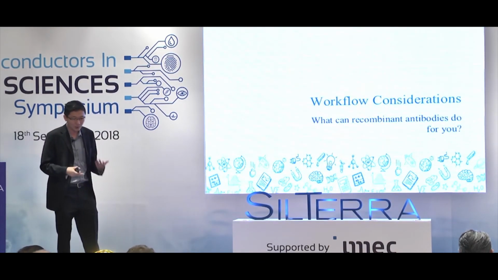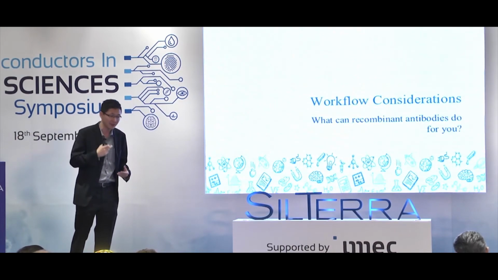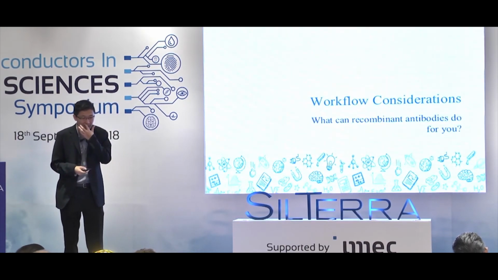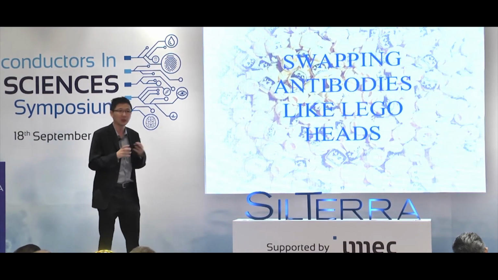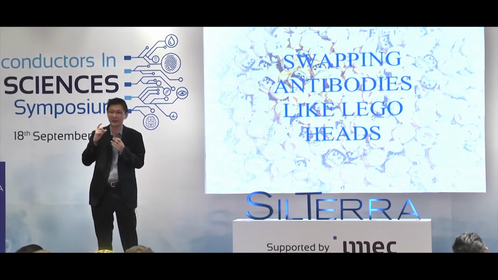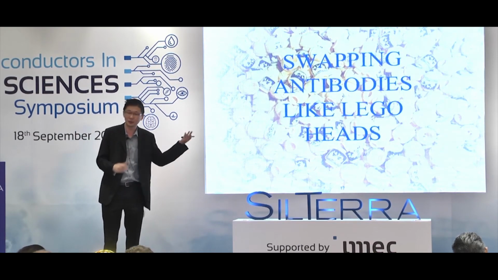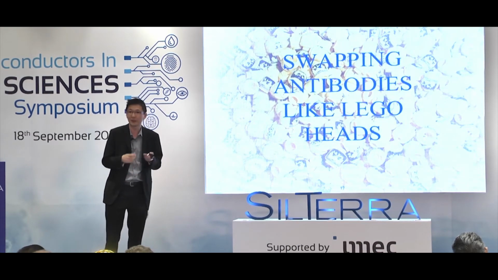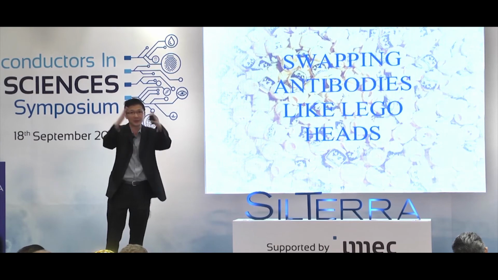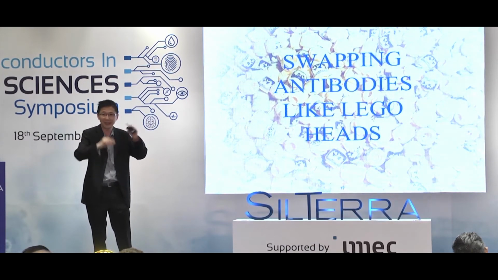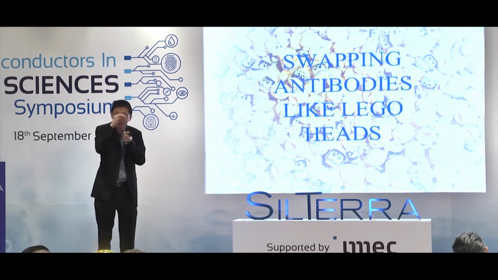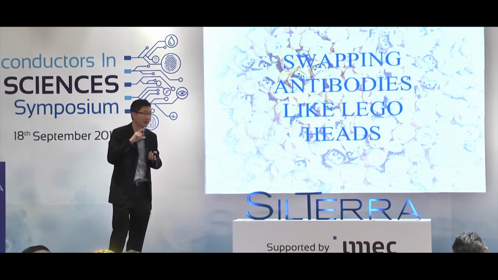So when we look at workflow considerations for sensor or biosensor development, what can recombinant antibodies do for you? I like to look at the concept of Lego figurines. If you take a trip down to Gurney Plaza, at the Lego shop there's a console in the middle where they have all the different bodies, and different legs, and different heads. You just have to mix and match, and then you get a nice Lego figurine.